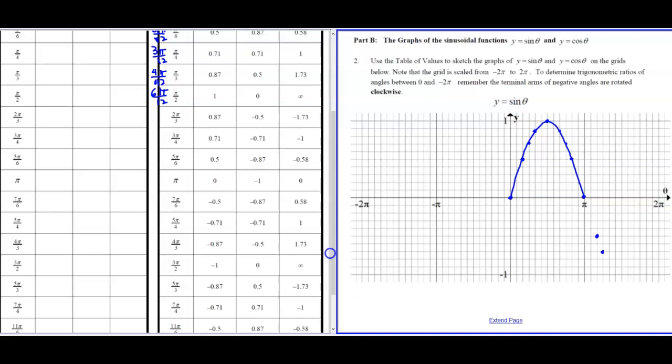Then the next is negative 0.87, and then we skip a grid marking and go to negative 1. It's symmetrical, so this mountain is symmetrical from that maximum. This valley is symmetrical from the minimum.